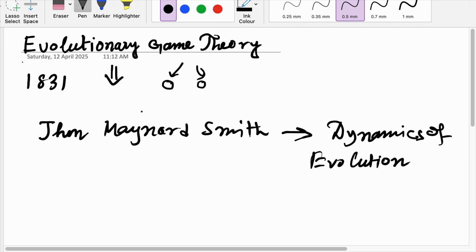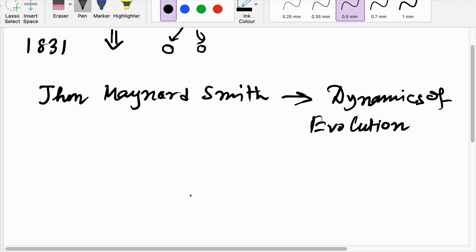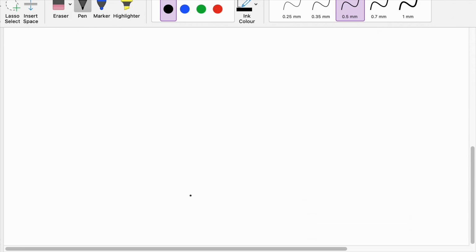First we will see what evolution is. Evolution has basically three components.